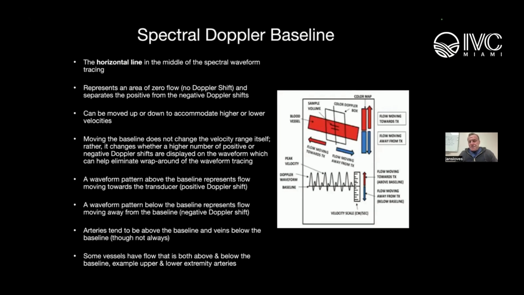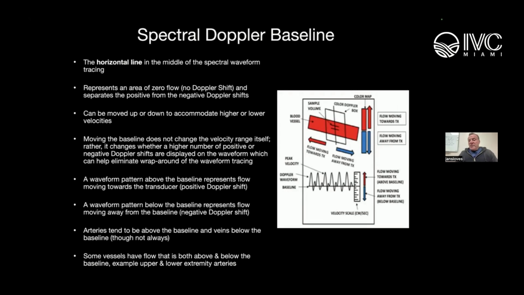Now, with that, there's a few things that we need to know. Whether we're looking at the arteries or the veins, we have control of all of the pulse Doppler settings on our ultrasound system. And these are settings that the operator needs to know because you're going to be making changes to them through the duration of whatever examination you're doing, right?